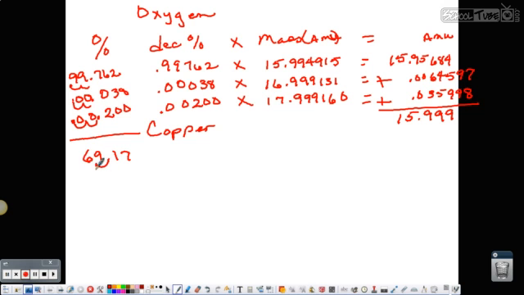Divide that by 100, that means move your decimal to here, and you get 0.6917 times the mass, which is 62.929599. When I multiply those two numbers, I'm going to get 43.5284.